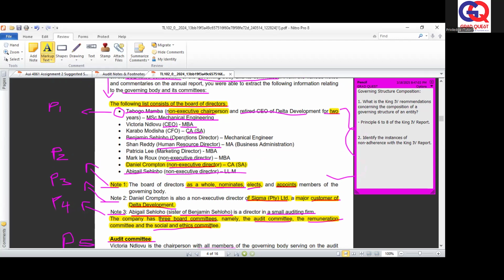So both of them would not be independent. And what's causing Abigail's independence to be impaired is the fact that she has a related party relationship to Benjamin. Right. I think that's pretty much it, guys, regarding this part A of the question.